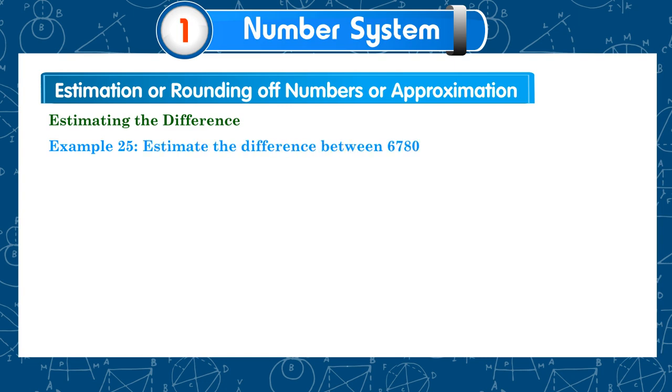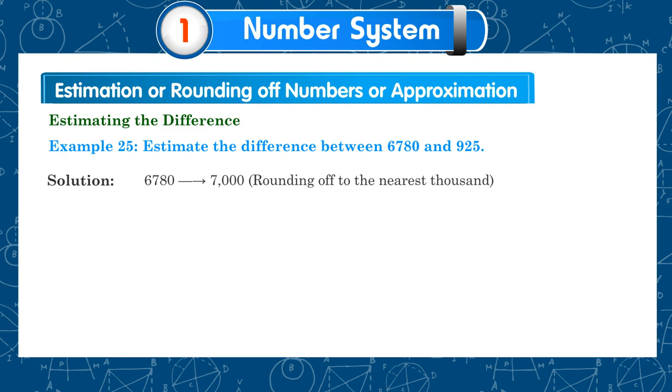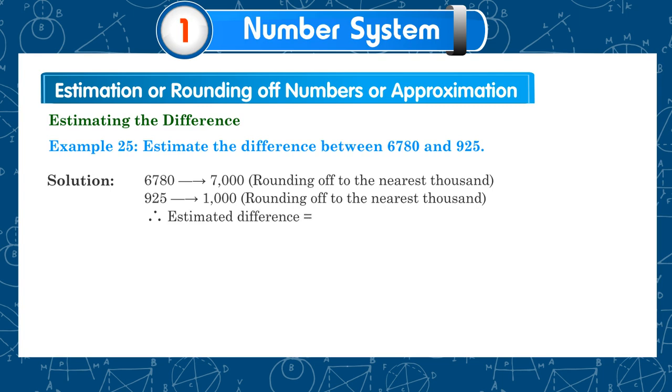Solution. 6,780 to 7,000, rounding off to the nearest thousand. 925 to 1,000, rounding off to the nearest thousand. Therefore, estimated difference equals 7,000 minus 1,000 equals 6,000.